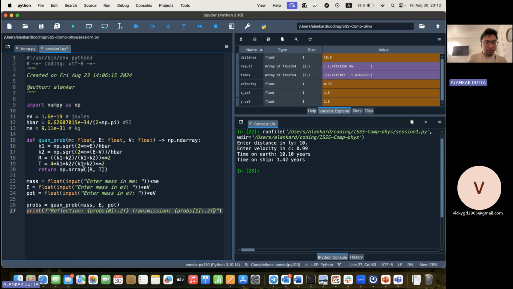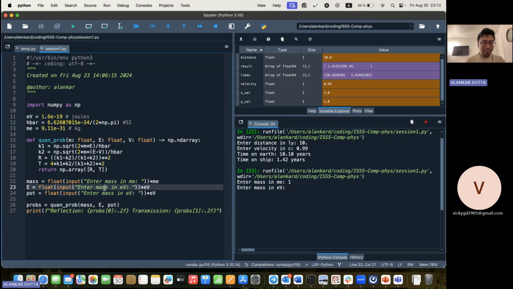The first one is reflection and the second one is transmission. So let's give it in here. The mass in me... oh, sorry, I have not changed the prompt. Energy and then potential height.